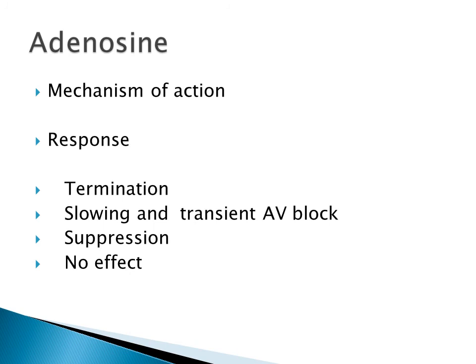And in case of automatic tachycardias like sinus tachycardia or focal atrial tachycardia or junctional tachycardia, there will be just transient suppression of the tachycardia and it will warm up again. If there is no effect at all from adenosine, so either the dose is ineffective or inadequate, or there may be what's called high septal ventricular tachycardia, which also shows a narrow complex.